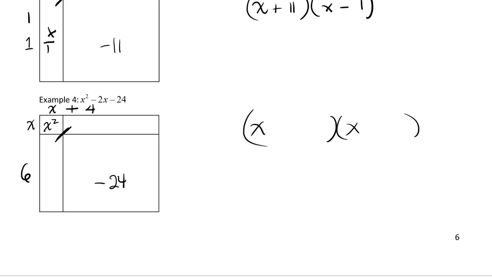So if I make 4 positive and 6 negative, that would give me a negative 6x and a positive 4x, and that would now give me a total product like what I was given as my polynomial. So x plus 4 and x minus 6 are my factors.